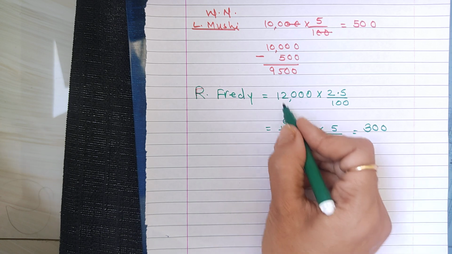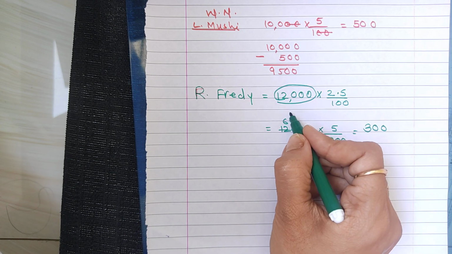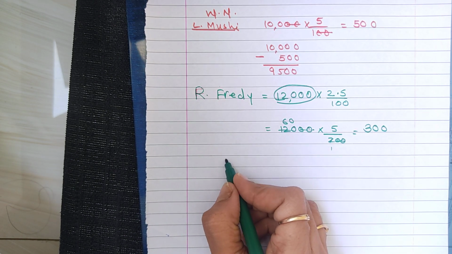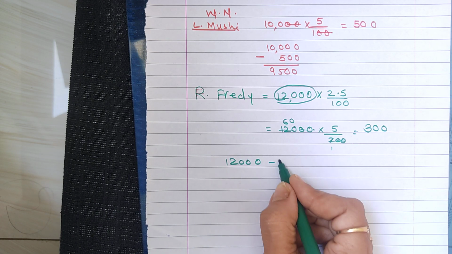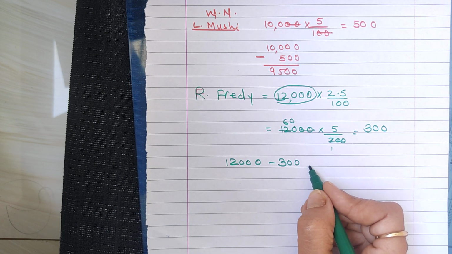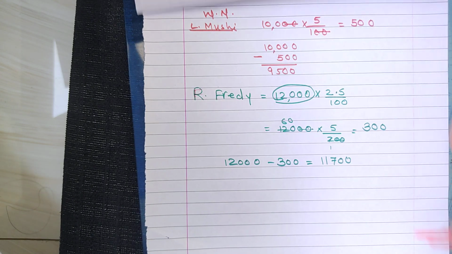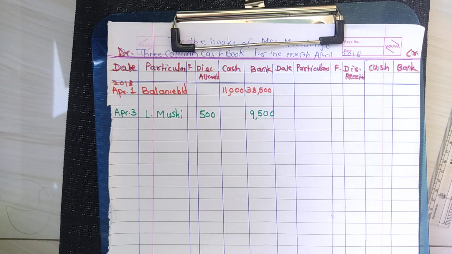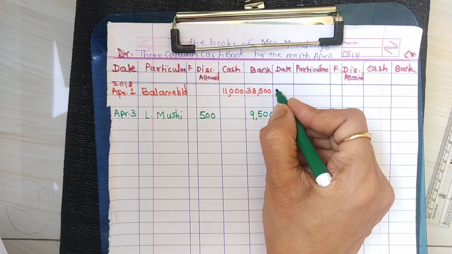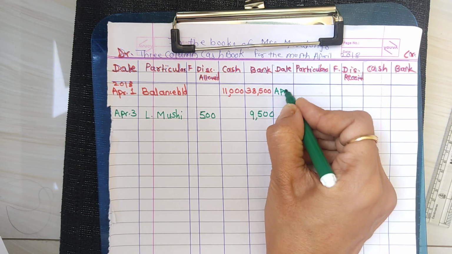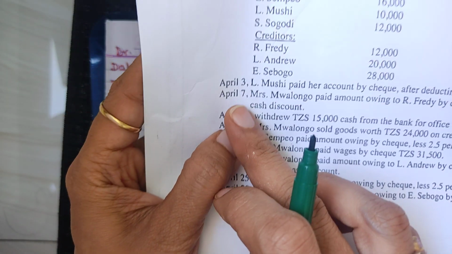So now how much amount is to pay to Freddy? 12,000. So from 12,000, when we deduct this 300 discount, we will get 11,700. So how much amount is paid? 11,700. So when we pay amount, we have to write on the credit side. What is the date?